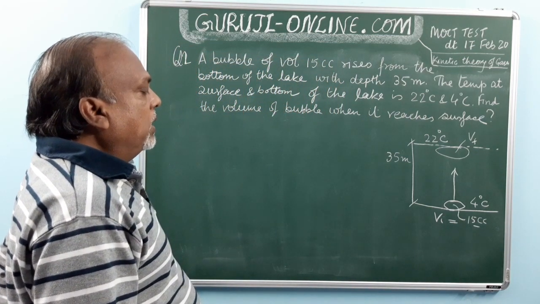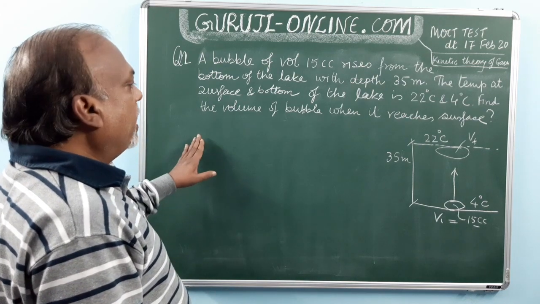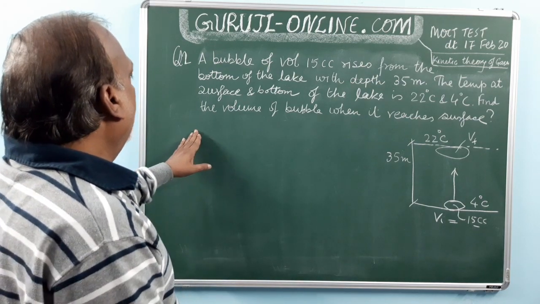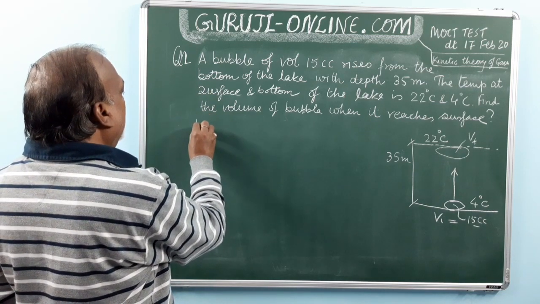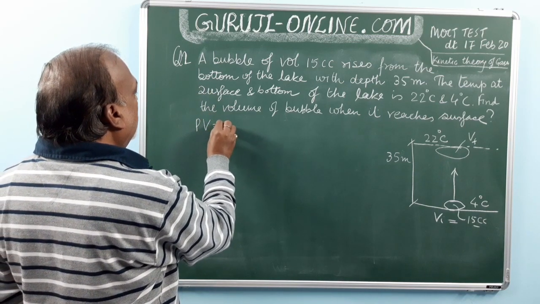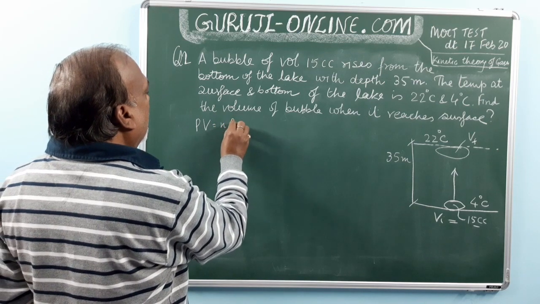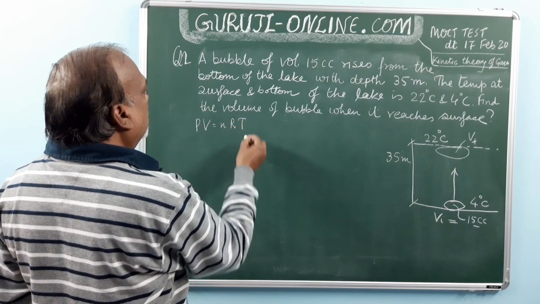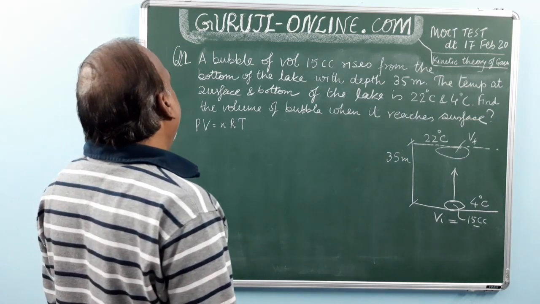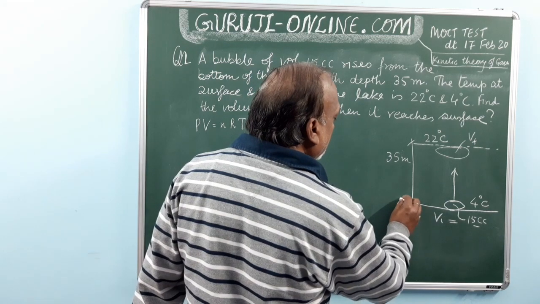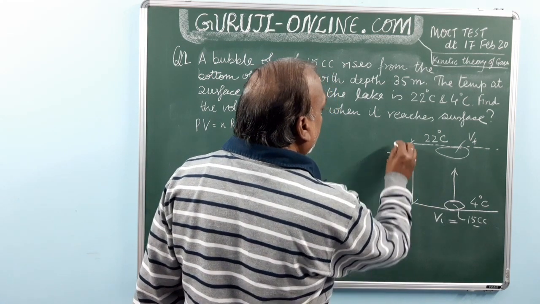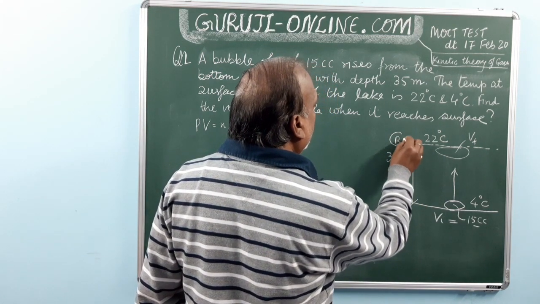So in this case, we know our equation as PV is equal to nRT. Now suppose we take this A point and this is your A point.